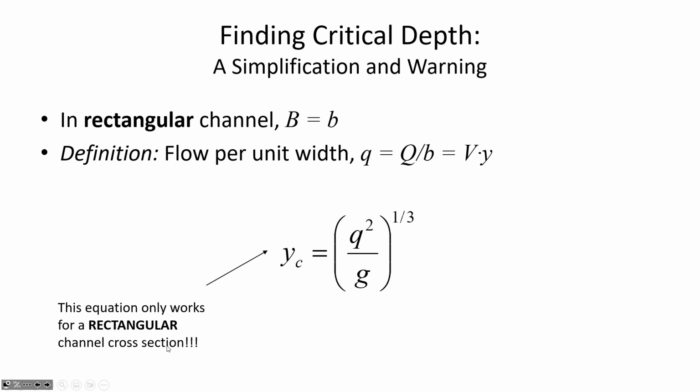And so you can use this equation a lot, but be really careful about using it only when it's a rectangular channel, because we won't have flow per unit width defined in a meaningful way for anything other than a rectangular channel. So any questions about this equation or its applicability before we move on?